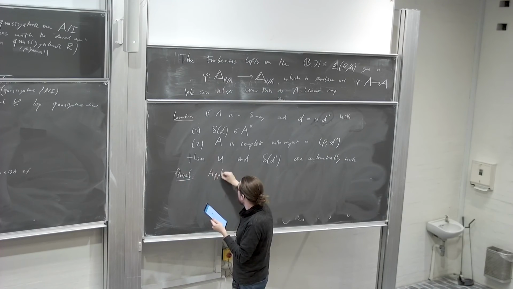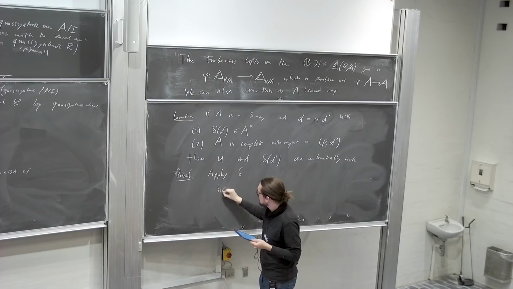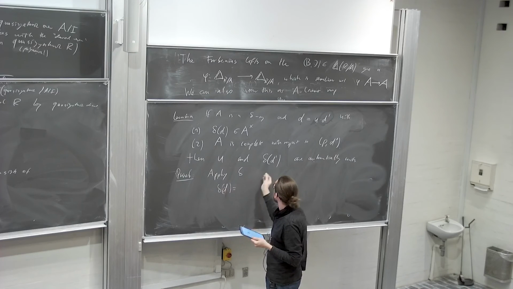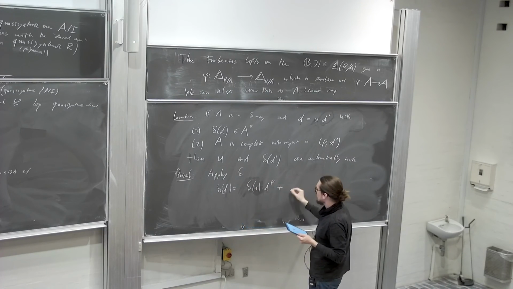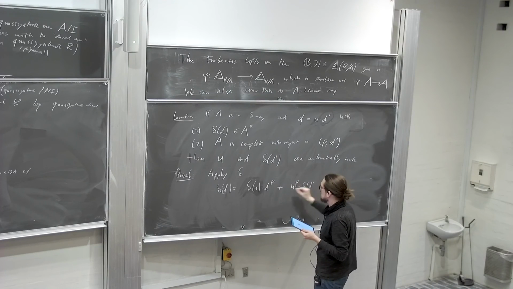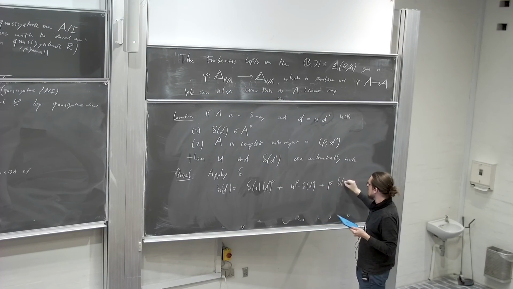We just apply delta. Apply delta to this, you get delta of d equals delta of u times d prime to the p plus u to the p times delta of d prime, plus p times delta u times delta d prime.